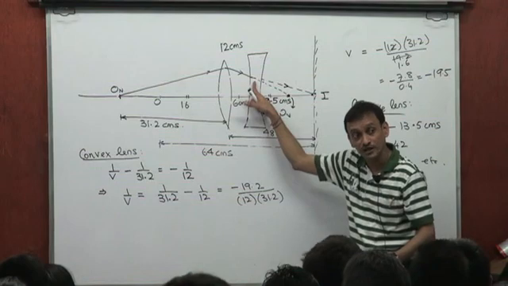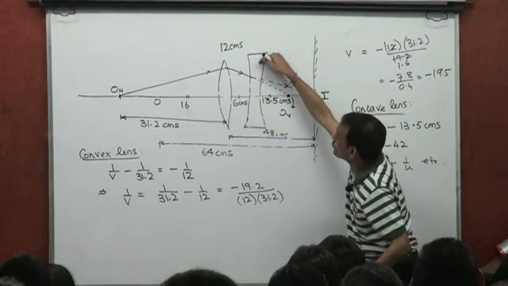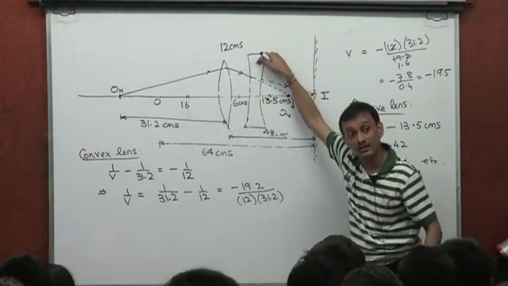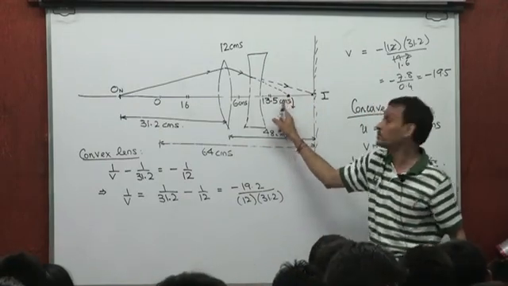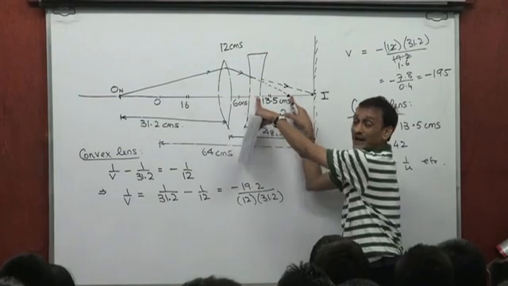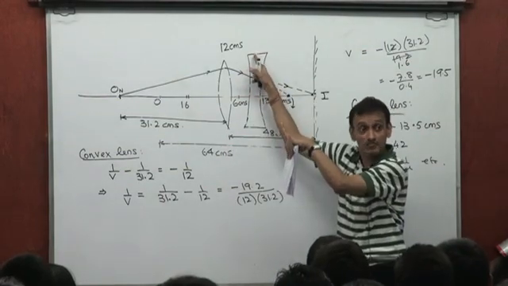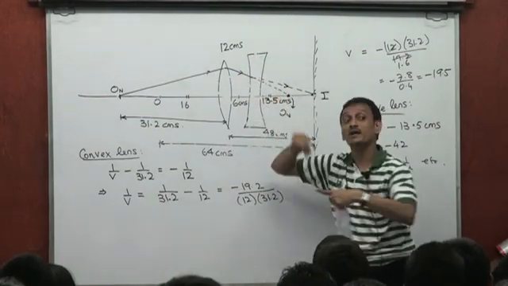Because this lens interfered. For the concave lens, this serves as a virtual object. That means the object distance is minus 13.5 centimeters for refraction on the concave lens. What is the image distance?